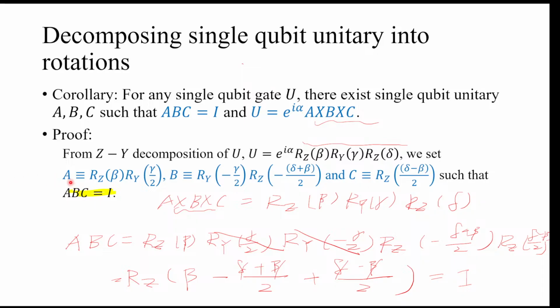A is RZ beta, RY gamma over 2, and B is RY minus gamma over 2, RZ minus delta plus beta over 2, and C is RZ delta minus beta over 2. Then we want to check both of those things are true: ABC equals identity, and A X B X C gives back this RZ, RY, RZ.